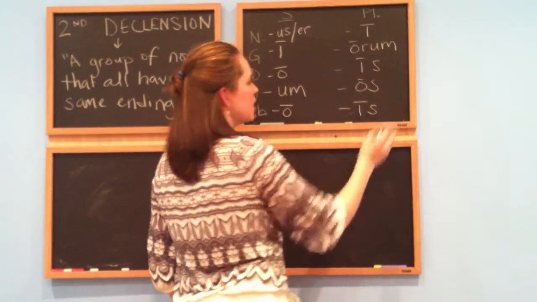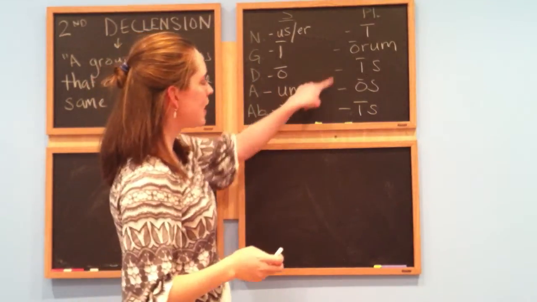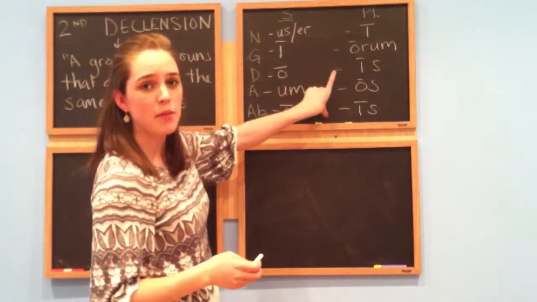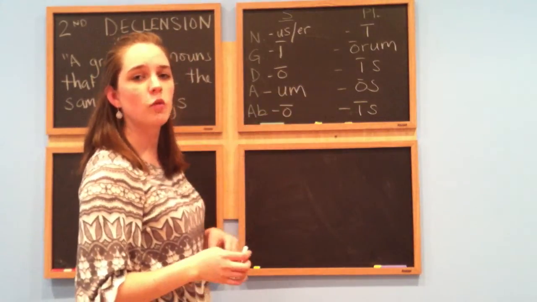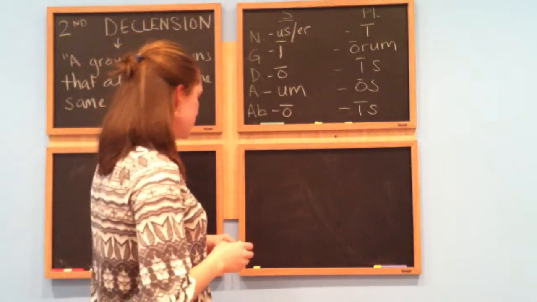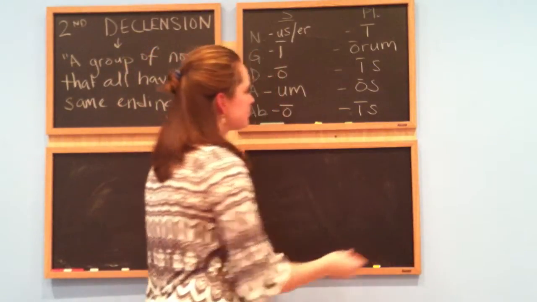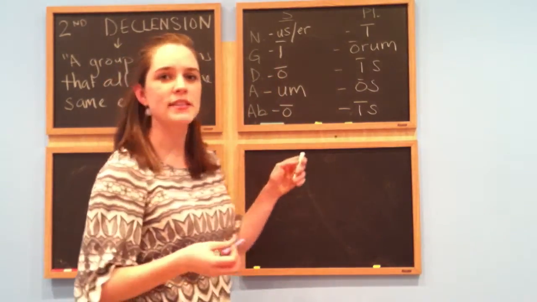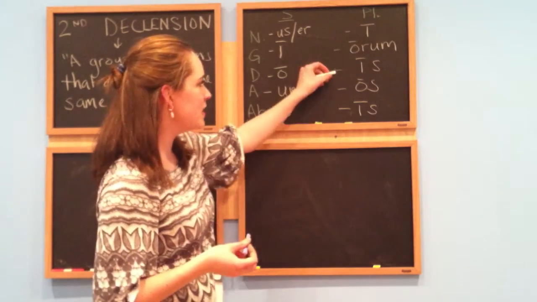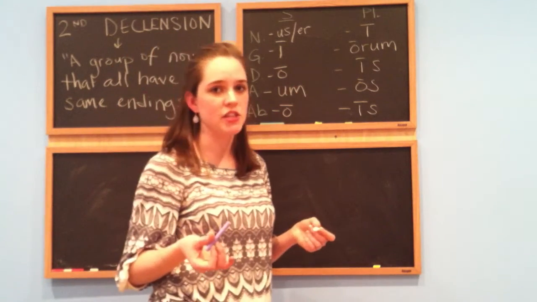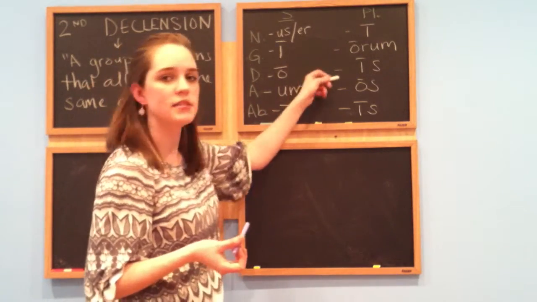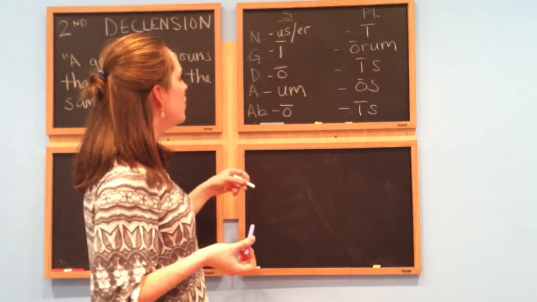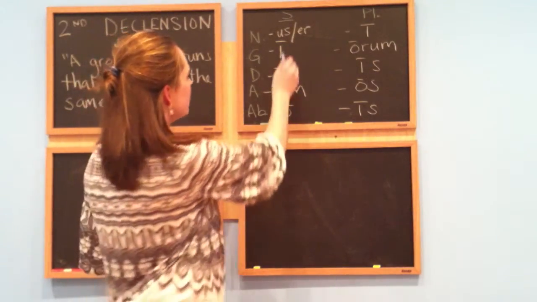So if you remember, IS and IS were actually the dative and ablative plural endings for first declension nouns. So you can sort of guess that something is dative or ablative if it ends in IS, even if you don't know what declension it's in, because it's so common as a dative or ablative ending. A couple things to watch out for here.